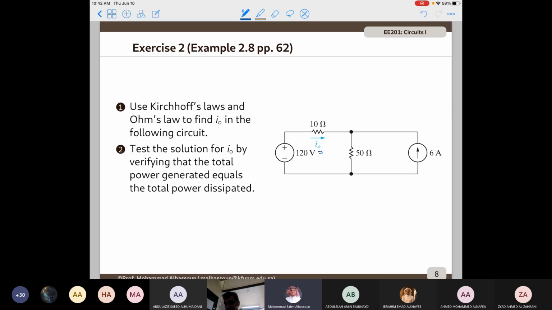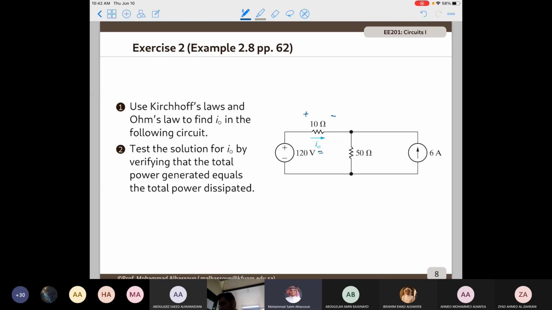We can use either Ohm's law, KVL, or KCL. Clearly, we cannot apply Ohm's law directly here, because we do not know the voltage across this resistor. So that means we need to use KVL and KCL.